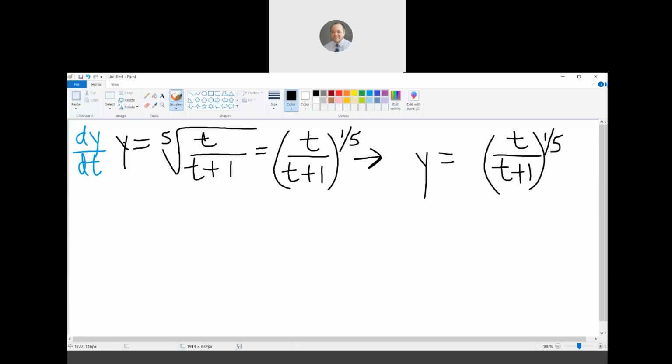Now, before we take the derivative of both sides, we must take the natural log of both sides.